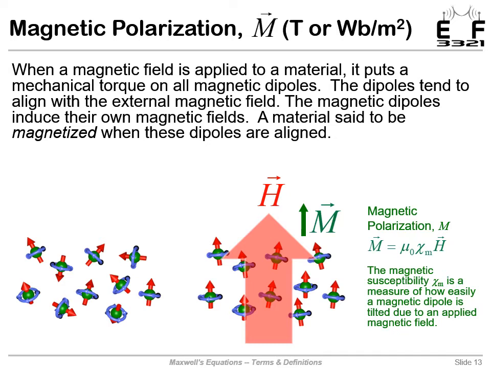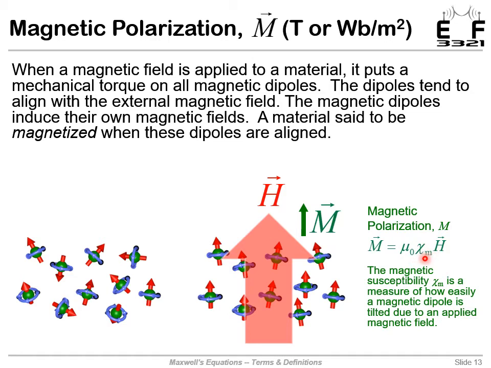So this gives us our magnetic polarization M, and it's a measure of how much magnetic energy we're storing at the molecular scale. So we have our initial magnetic field intensity H. We now have our magnetic susceptibility chi sub M, and the M is telling us that this is for magnetic fields.